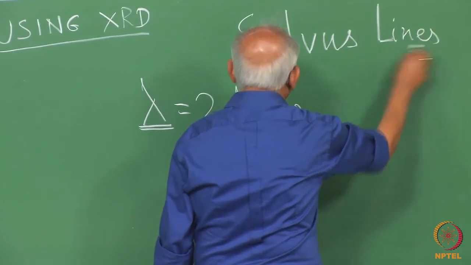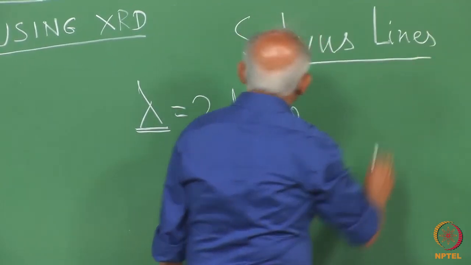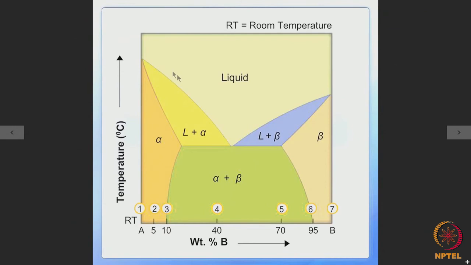Just as this line over here is known as the liquidus, this line over here is known as the solidus, these two lines are known as the solvus lines.